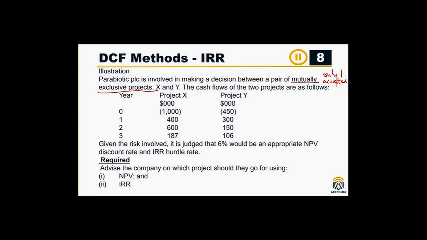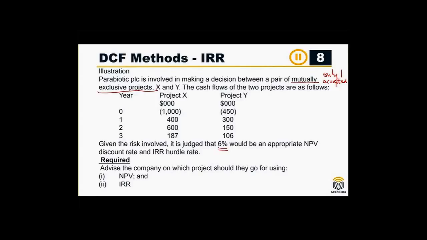The cash flows of the two projects are as follows. In year 0, both have cash outflow, and then from the first year to the third year, they have cash inflow. Given the risk involved, it's judged that 6% would be an appropriate NPV discount rate and IRR hurdle rate.